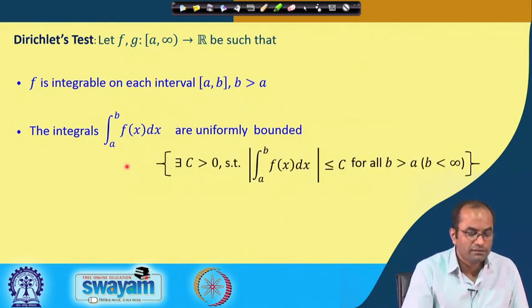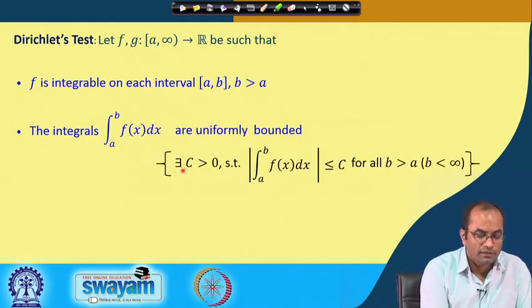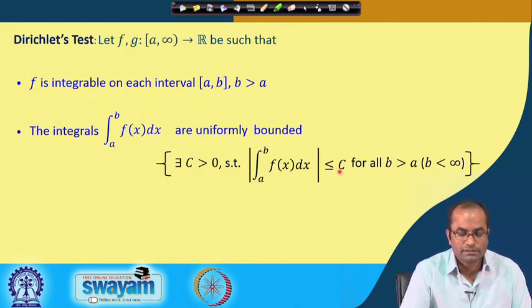So, what does that mean? That there exists a constant c greater than 0, such that the absolute value of this integral from a to b of f(x) dx is less than or equal to that constant, for all b greater than a. Naturally, b is some finite number we are talking about.